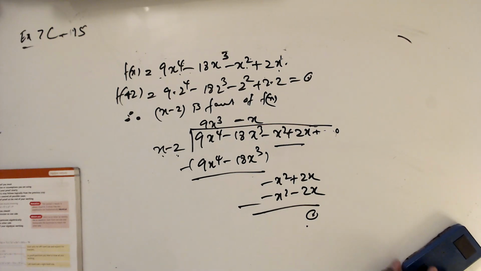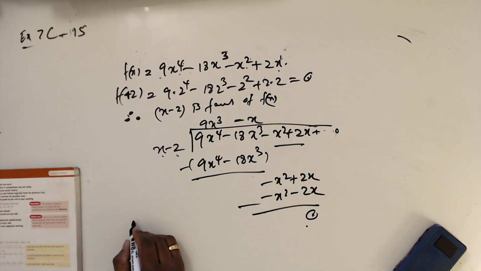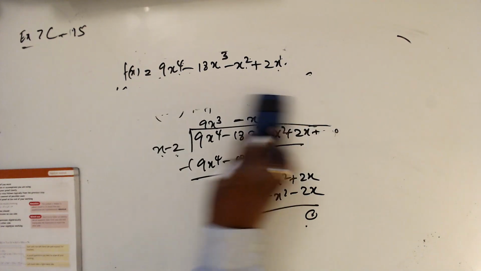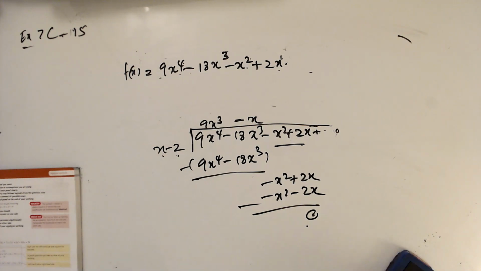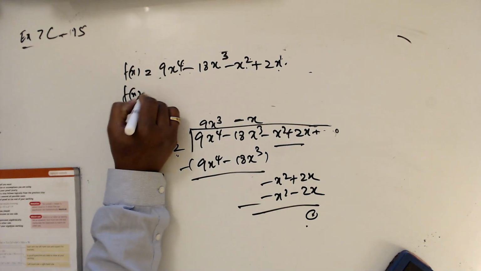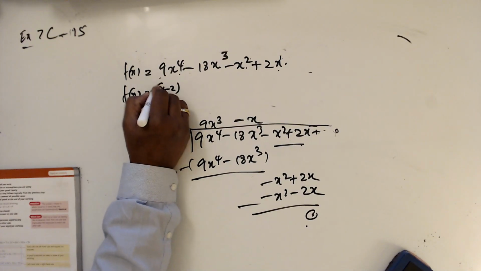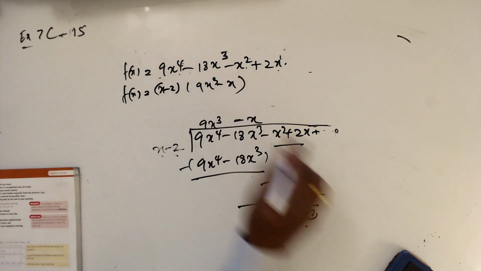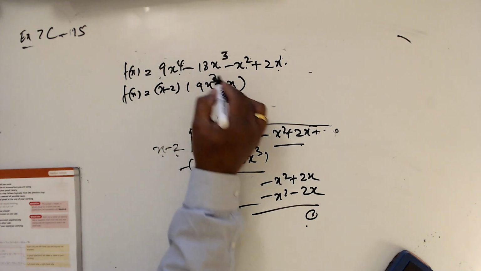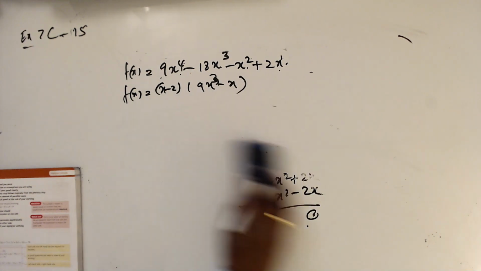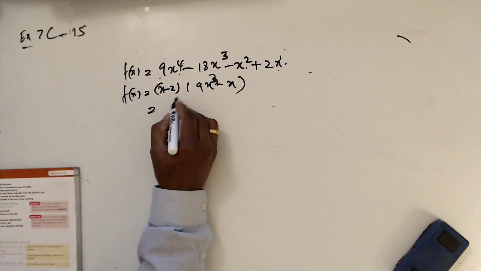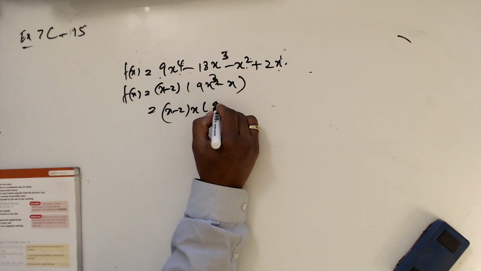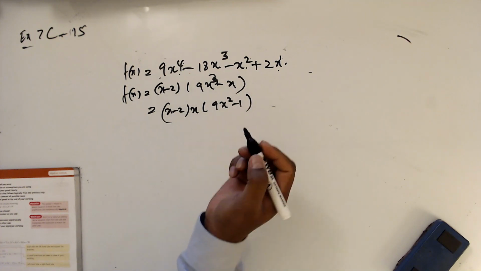Now we can write this one. f(x) = (x − 2) times (9x³ − x). I can take x out. This is going to be 9x² − 1.